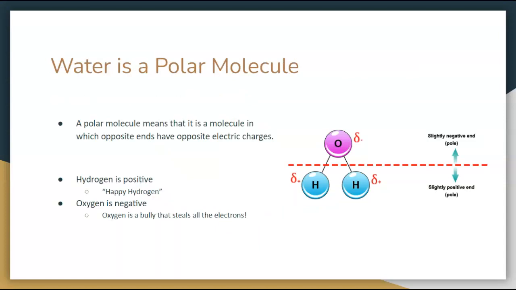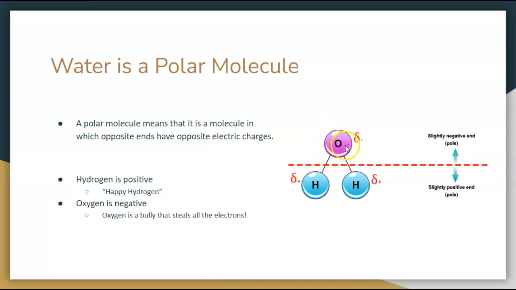Water is what we call polar, and what that means is that this molecule has opposite ends that have opposite electric charges. And we saw that earlier because I was mentioning that a hydrogen atom was positive and an oxygen was negative, and it sort of looked like Mickey Mouse a little bit, right? The oxygen was like a big face, and then the hydrogens on top were like the 2 little ears.